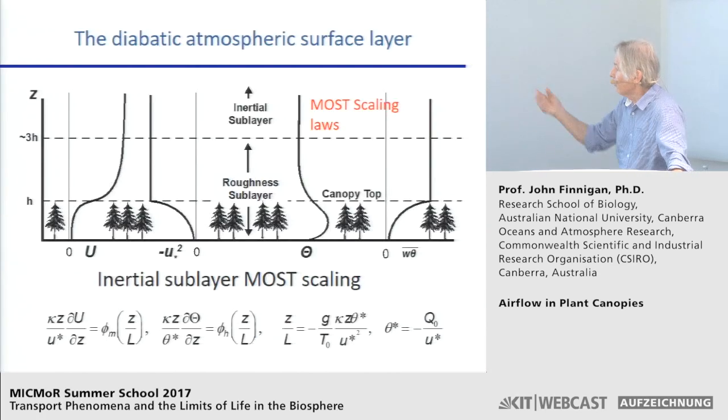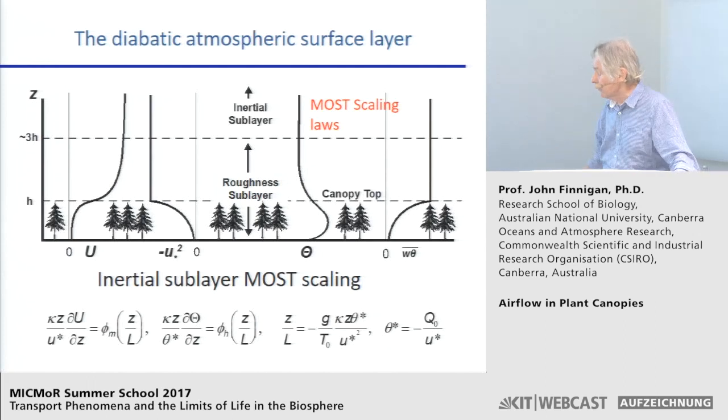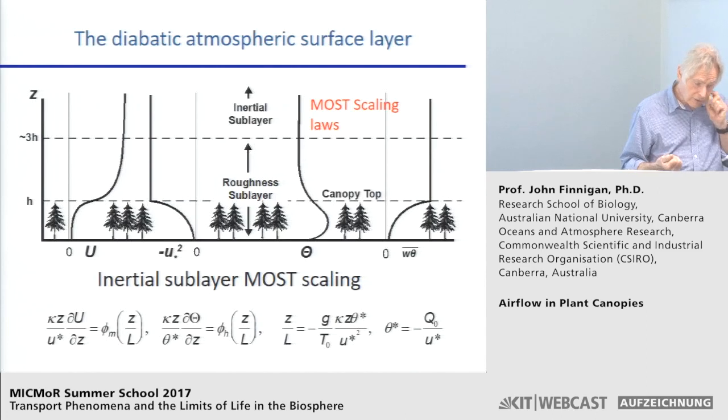So when we do the pi theorem with those inertial sublayer, surface layer parameters, we get these dimensionless groups. The dimensionless velocity gradient is phi m, a function of z upon L. Temperature gradient is phi h, a function of z upon L. That's the definition of z upon L, and that's got a physical meaning too.